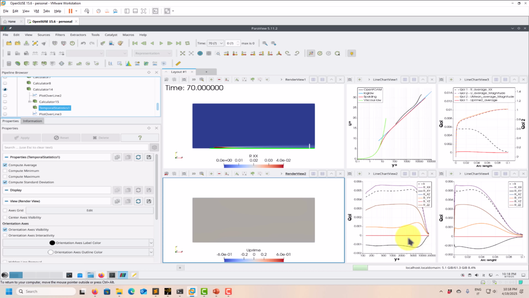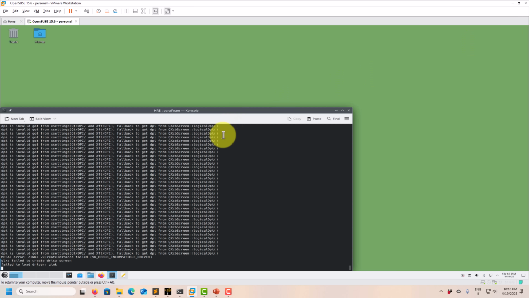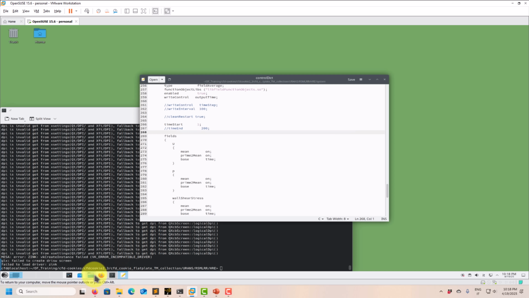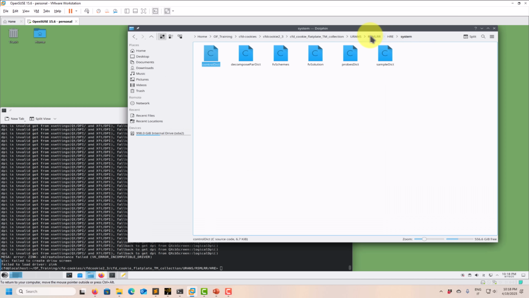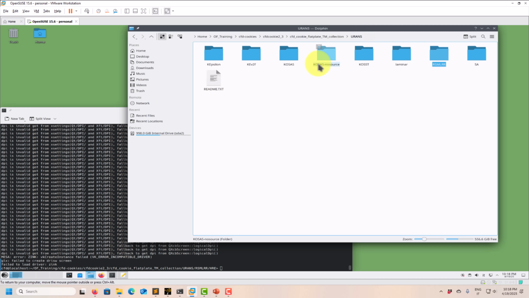And look at that, you have a contribution in z that you shouldn't have because it's too deep, but still you have it. And you have it as a function of y plus and of the distance from the wall. So at this point we cover all the unsteady case, the URANS, and hopefully now you have a better idea.